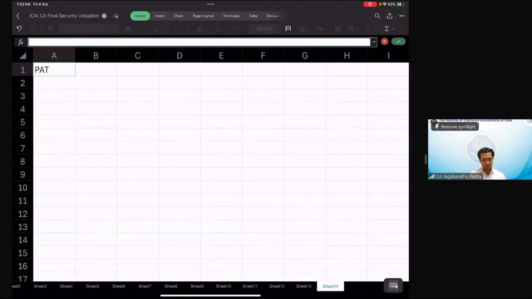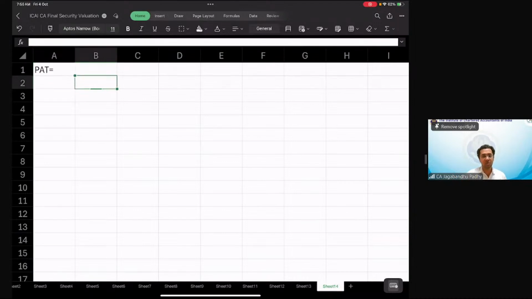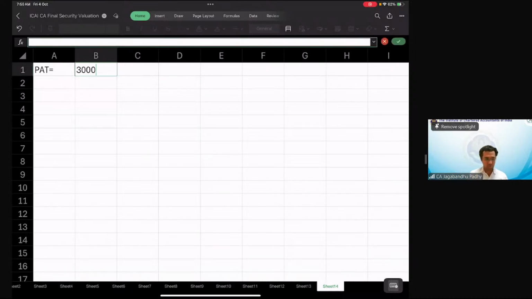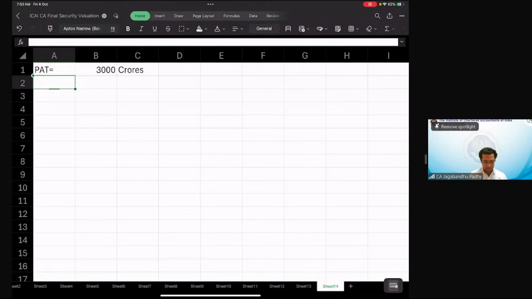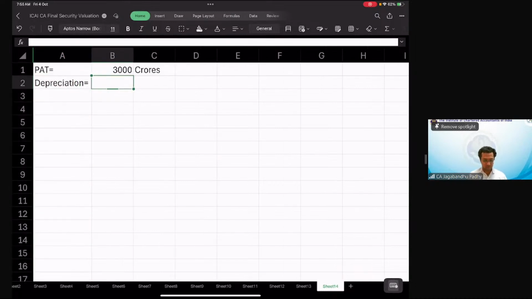Let us say profit after tax of the company is 3,000 crores. Then depreciation is, let's say, 450 crores.